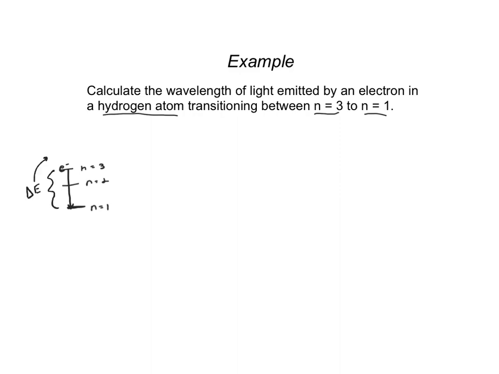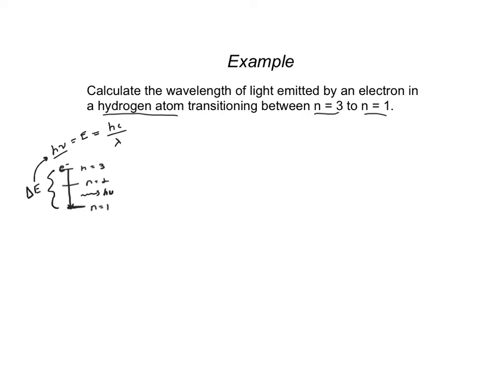Once we know that, we can plug it into our little equation, energy is equal to h nu, to figure out the frequency of light, or more importantly, energy is equal to hc over lambda, to figure out the wavelength of light that this transition is giving off. Because again, this energy difference is being given off in the form of a photon of light.